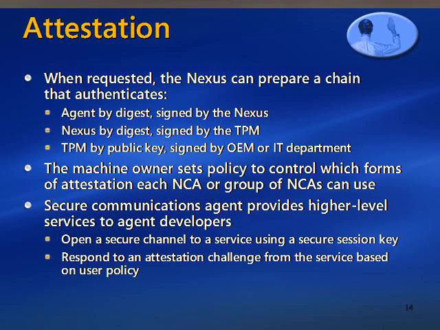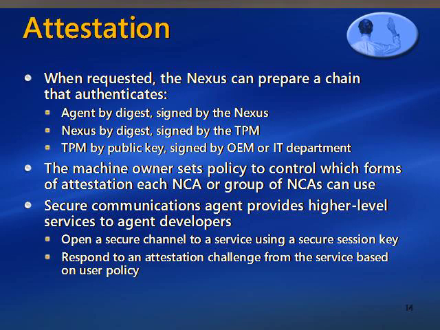Attestation is this idea that your agent can know who it is and know who it is talking to. And this works as so many security problems are solved, in sort of this chaining method. The agent has a cryptographic hash that's computed by the Nexus when the agent is started.